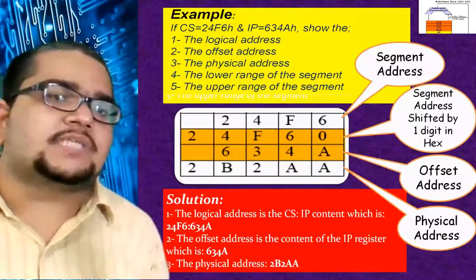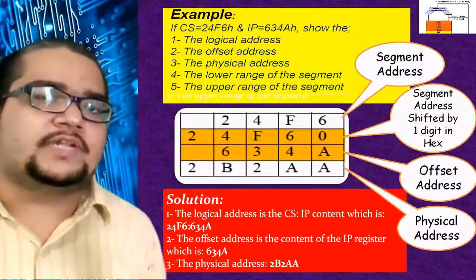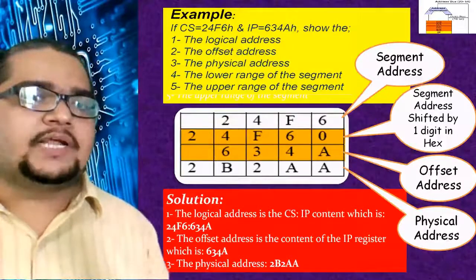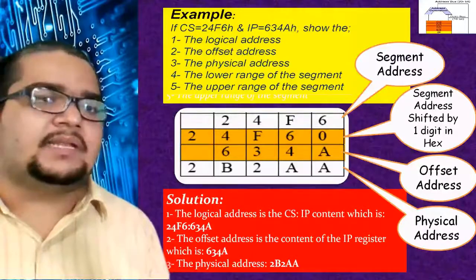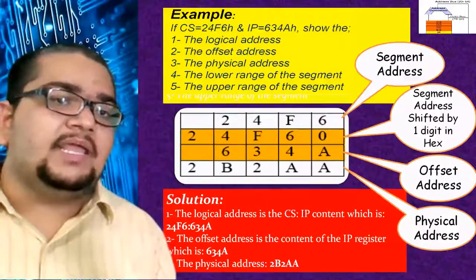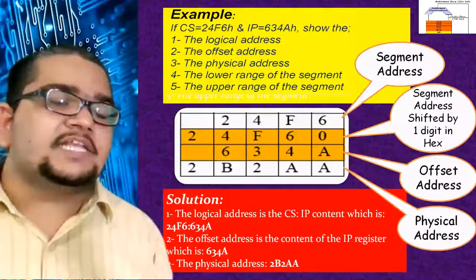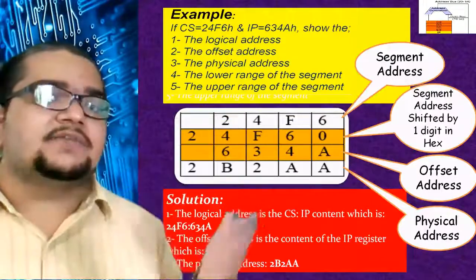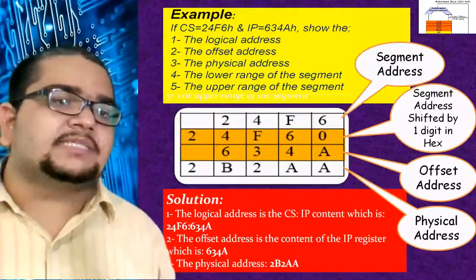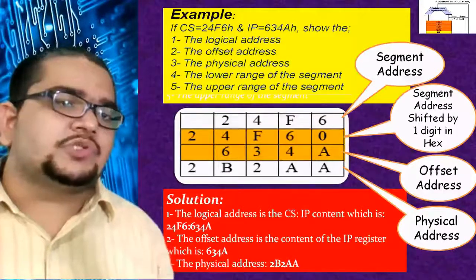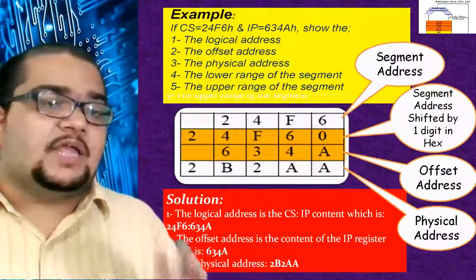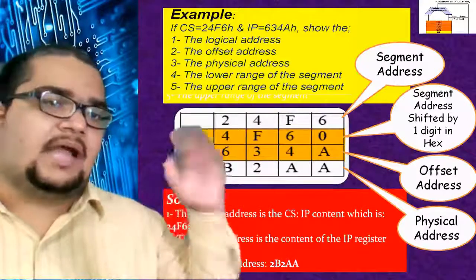Now the next two questions are here. What is the lower range of that segment and what is the upper range of that segment? Basically, it wants to check the segment range. That means where that segment starts in the physical memory, and the upper range means where that segment ends in the physical memory. Physical memory has 20-bit addresses, with 00000 as the start and FFFFF as the highest.